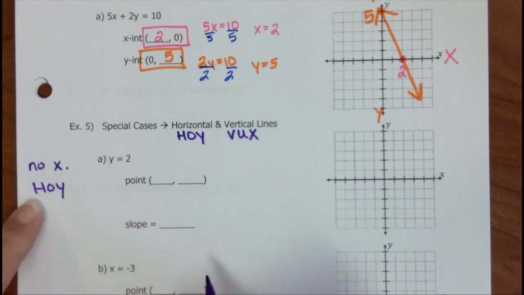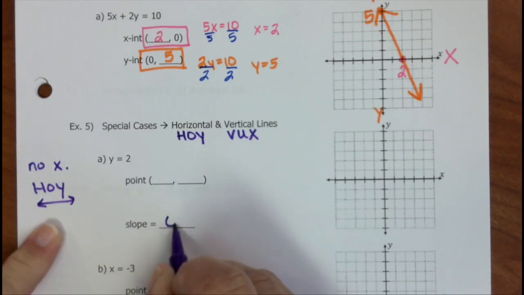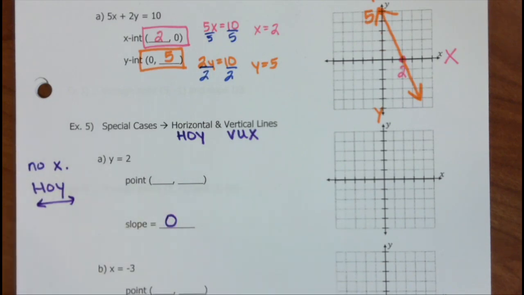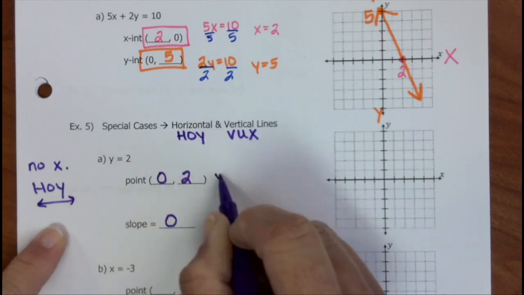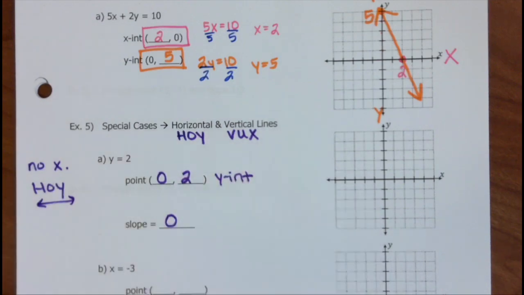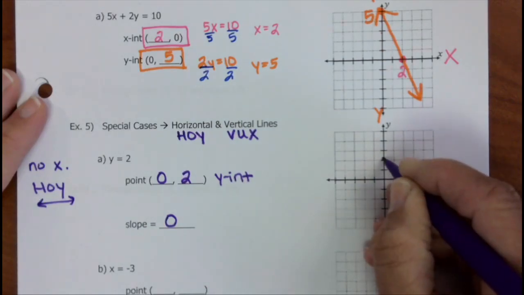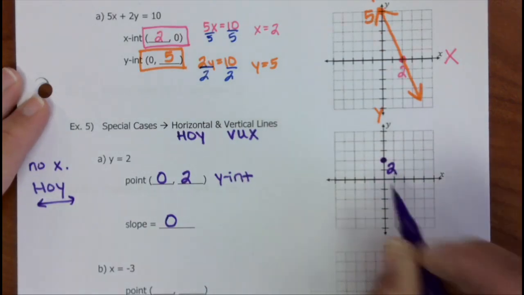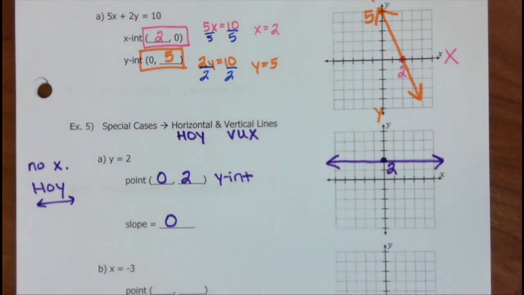So it's a horizontal, it's going to be a flat line. It's going to have a 0 slope, and it's going to cross the point (0, 2). It's going to have a y-intercept at 2. Every single y value is going to be positive 2. So we literally just draw a flat line where y is equal to 2.